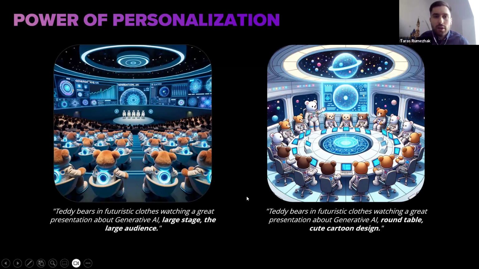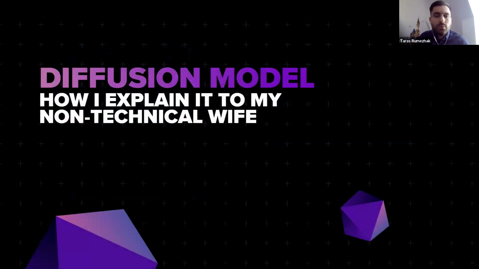For example, today we have a larger audience, so let's add a large stage, larger audience. Or we want a round table and a more cartoonish style. Not a problem at all. We can do this based on the power of Stable Diffusion.